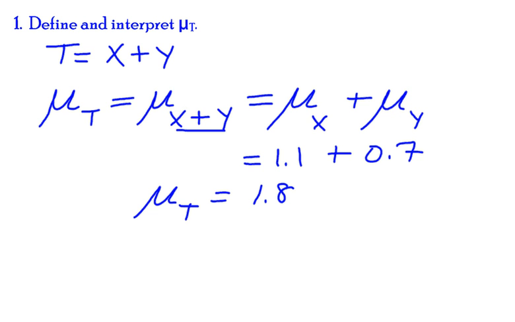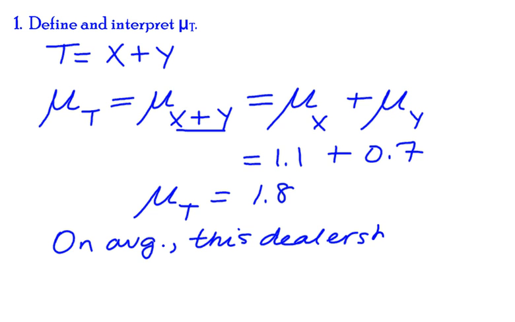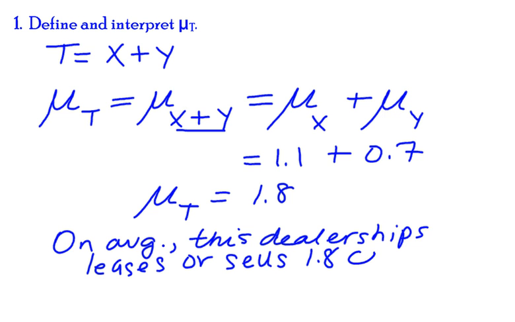Now, we're also asked for an interpretation. Remember that this is a mean. So, on average, or in the long run, this dealership leases or sells 1.8 cars in the first hour of business on Fridays.